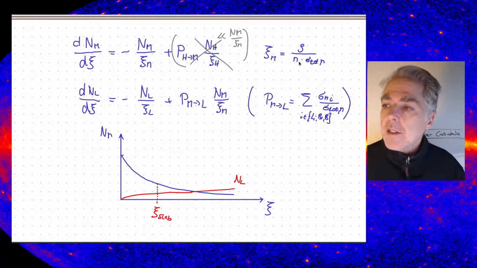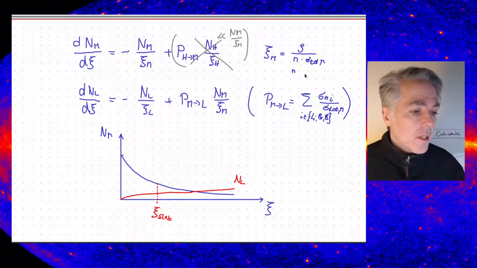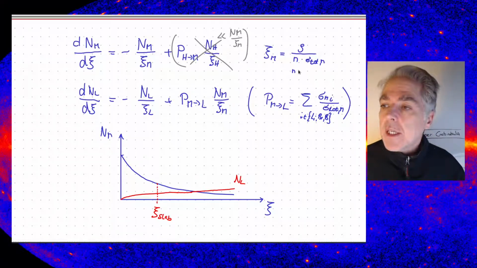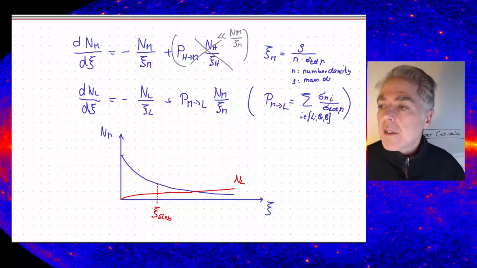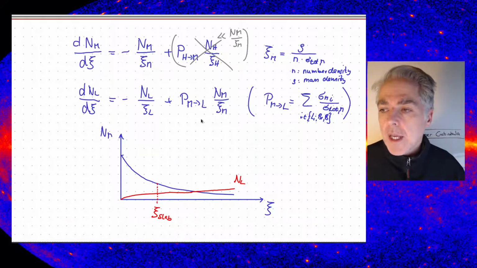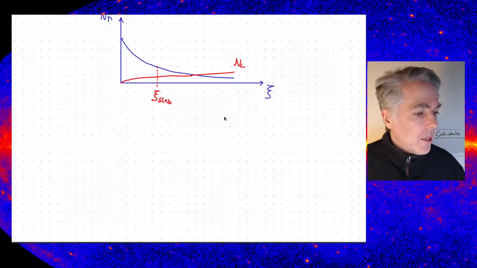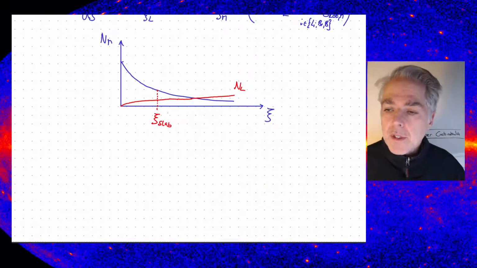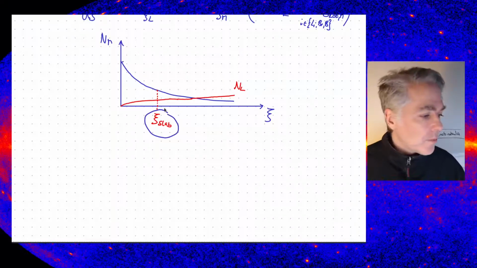And n is the number density of the interstellar medium, and rho would be the mass density. And you can also rewrite it because number density and mass density are, of course, related by the mass number and the mass of the nucleon. So we could basically now infer this rho slab by measuring it.